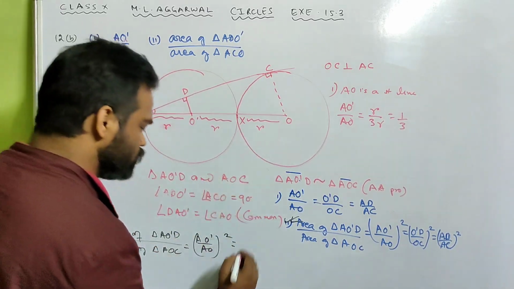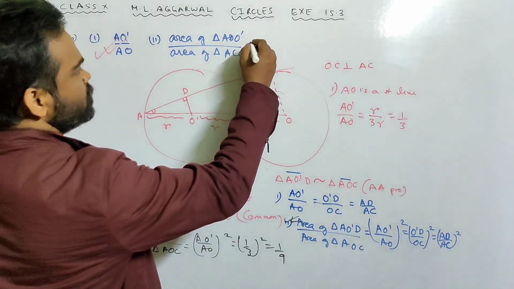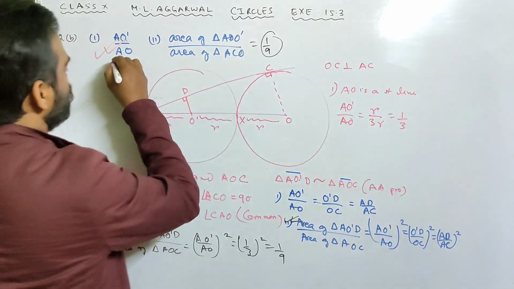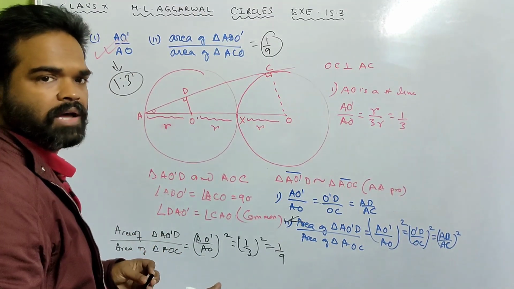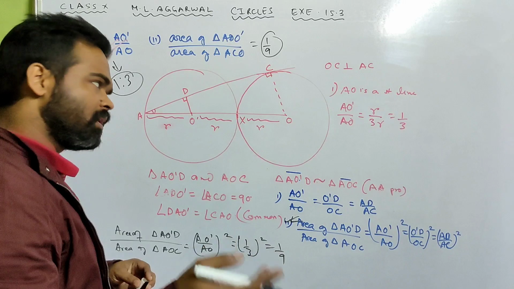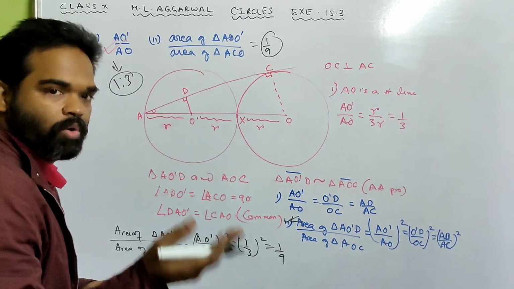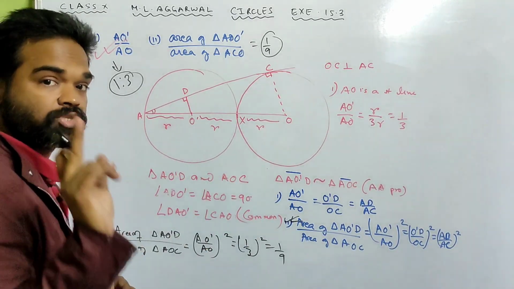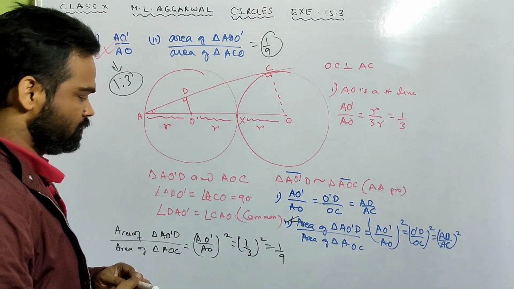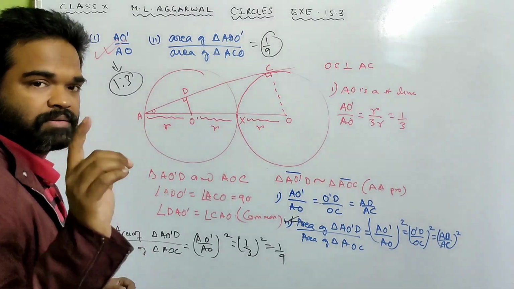AO dash by AO is 1 by 3, so 1 by 3 whole square, that's 1 by 9, which means the ratio is 1:9, and over here the ratio is 1:3. Done. It was based on similarity, and again the same property that if two circles touch each other externally or internally, then the point of contact and the centers lie on the same straight line. Done? Chalo. We'll do the next part, number 30.